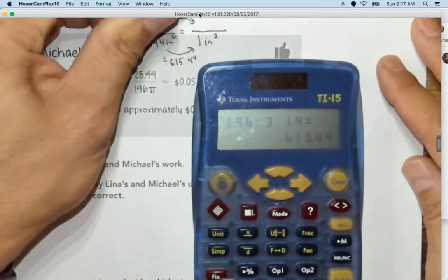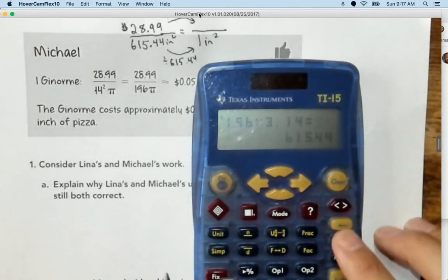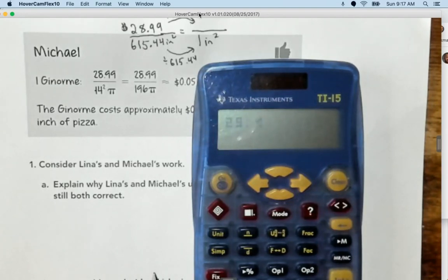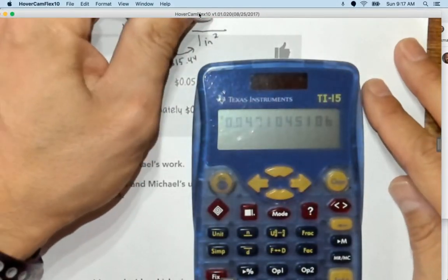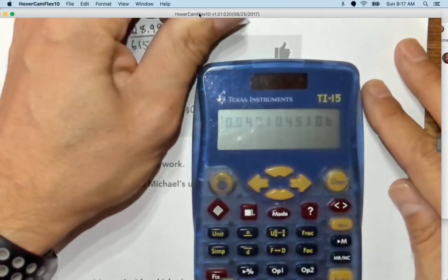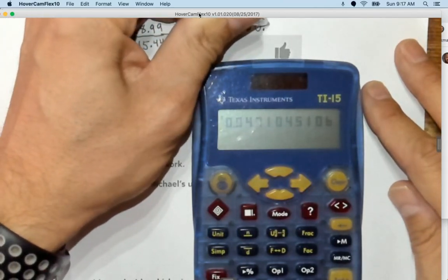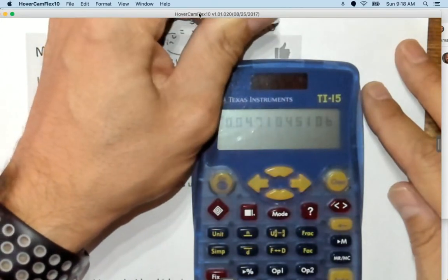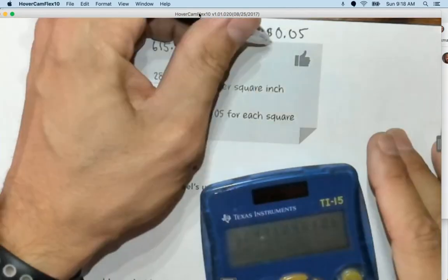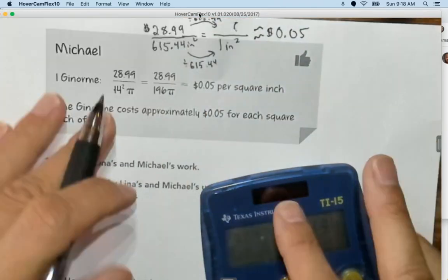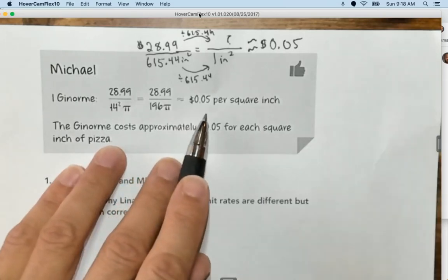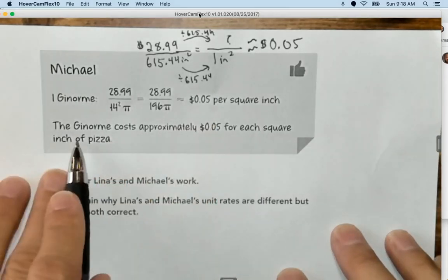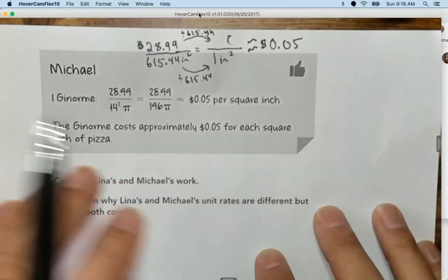And that is equal to, let's see here, 28.99 divided by 615.44, and that I get equal to about 0.047, rounded to the nearest penny would be about, that's the curly wavy line right there, it's about 5 cents per square inch. Okay, the ginorme costs approximately 5 cents for each square inch of pizza.